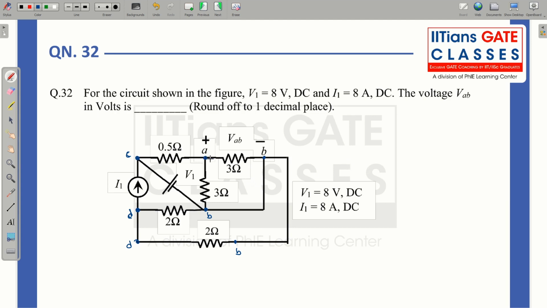So you can see in between A and B, I have 3 ohm. So let this be A, this be B. I have this 3 ohm. So this resistance I have done. Once again, there is one more resistance in between A and B, which is 3 ohm.